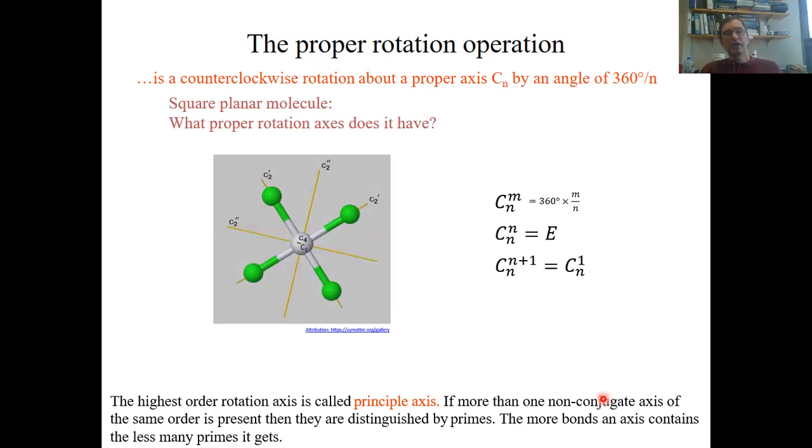So here's an example that shall illustrate what this exactly means. You see here a square planar molecule, which is the tetrachloroplatinate anion. So the platinum is in the center, and here in the periphery we have the 4 chloro atoms. Here we have the C4 axis, which is the principal axis. The principal axis stands perpendicular to the planar molecule and goes through the center of the platinum atom.